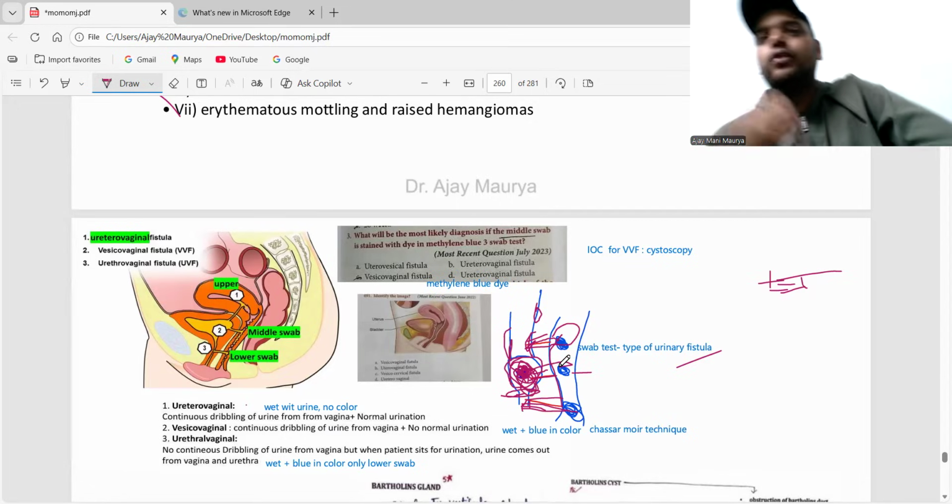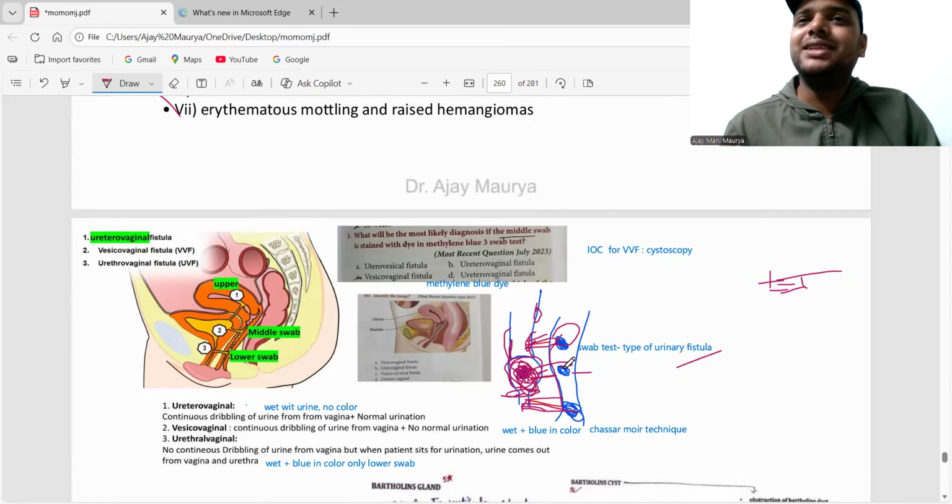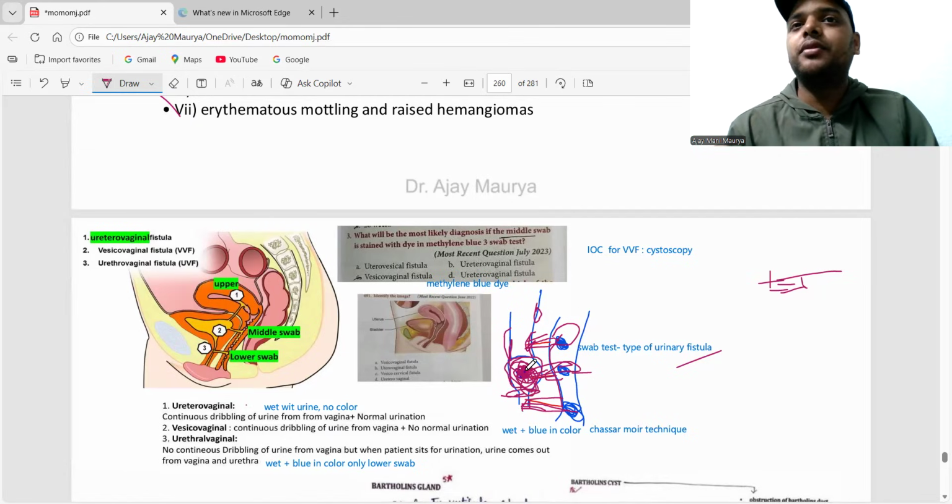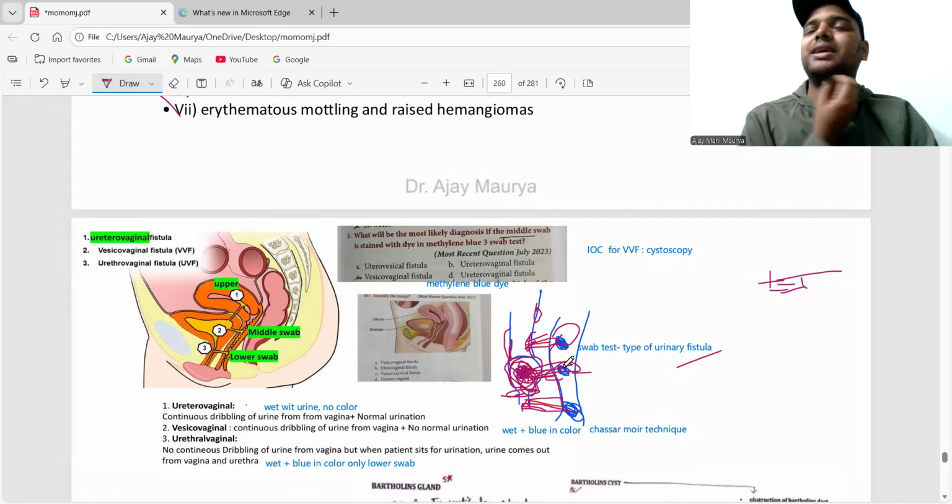Then this cotton will change color, because you put the dye in the bladder, and from the bladder the dye comes to the vagina. That makes the cotton blue.